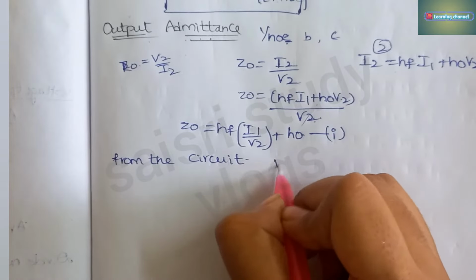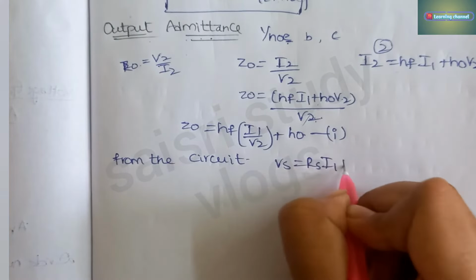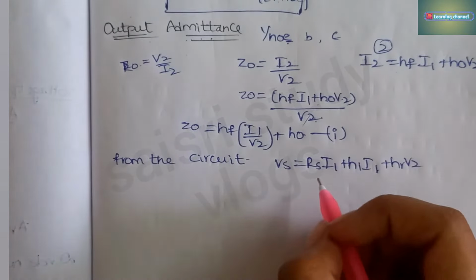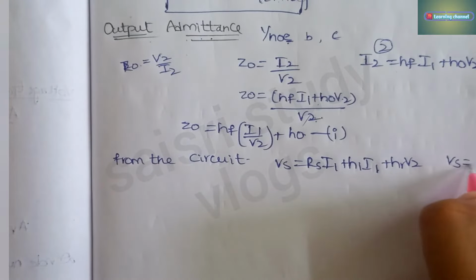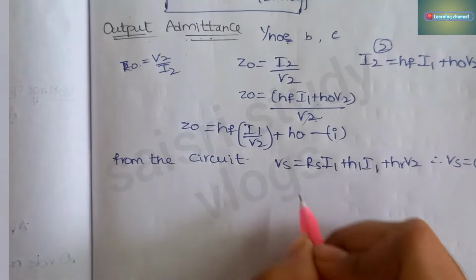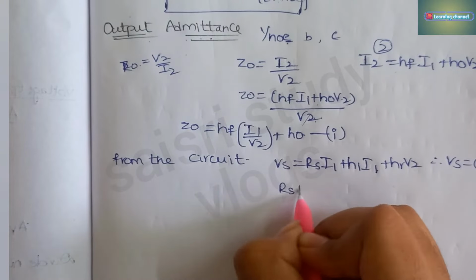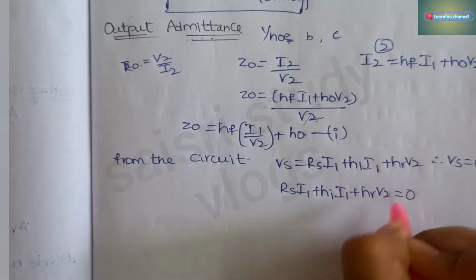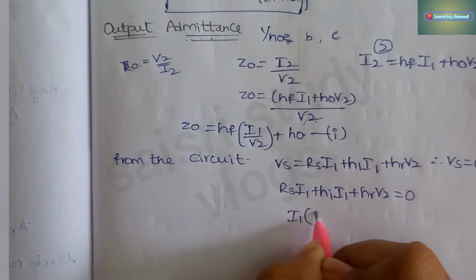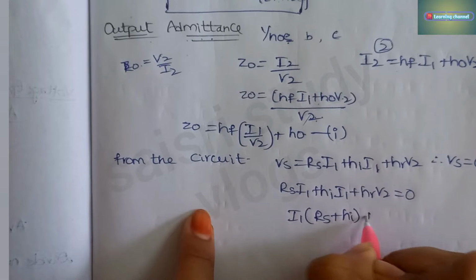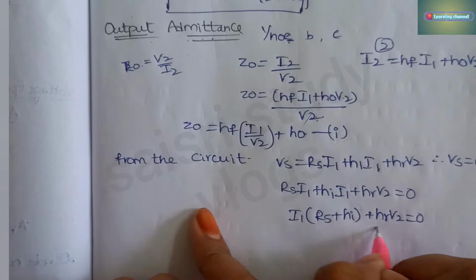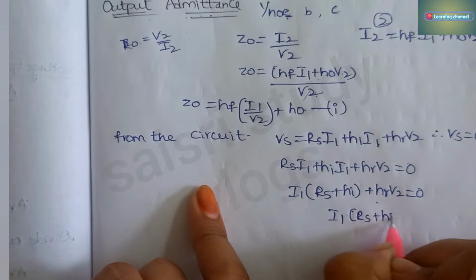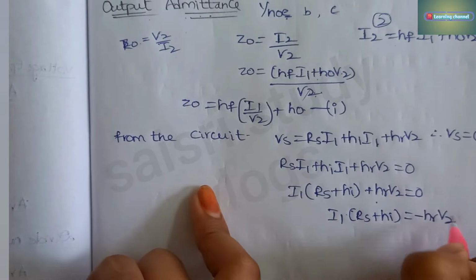So Vs is equal to Rs I1 plus Hi I1 plus HR V2. From this equation, let us assume that Vs equals 0. Then Rs I1 plus Hi I1 plus HR V2 equals 0. Taking I1 common, I1 times (Rs plus Hi) plus HR V2 equals 0. Sending HR V2 to the opposite side, the equation becomes minus HR V2.